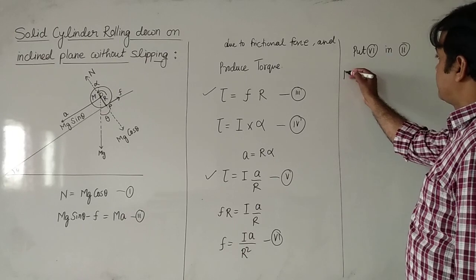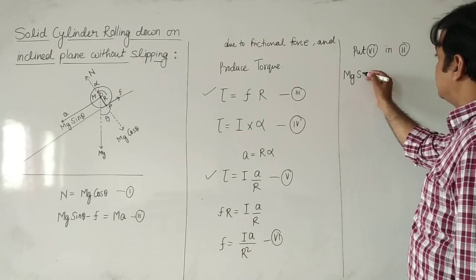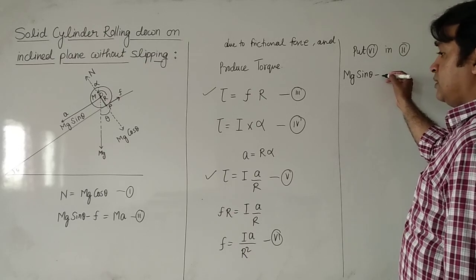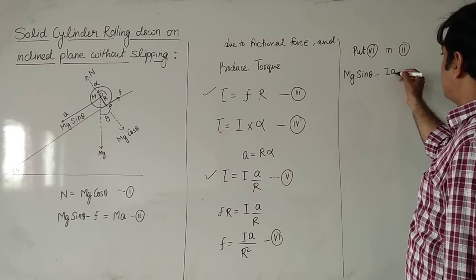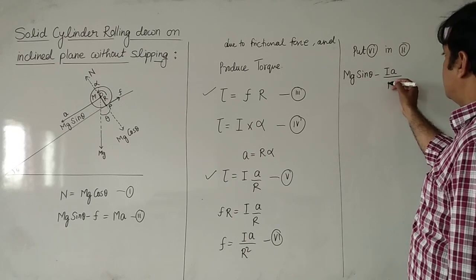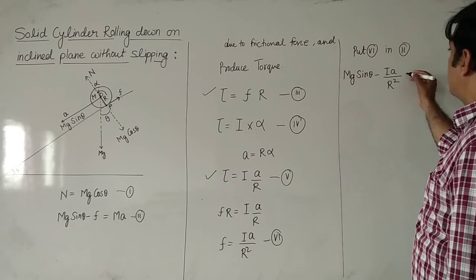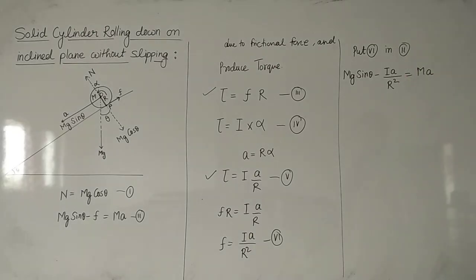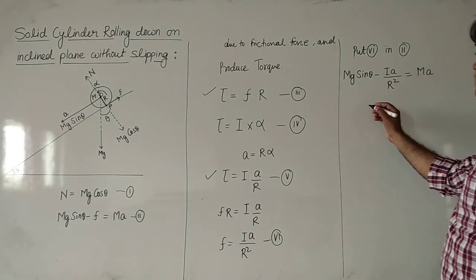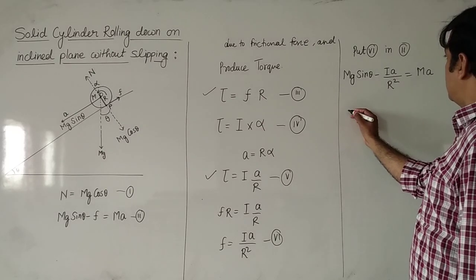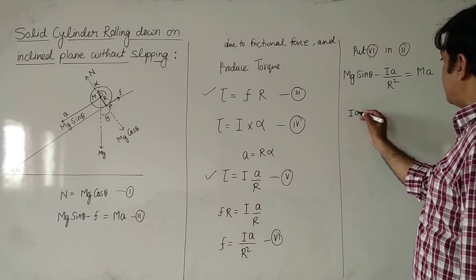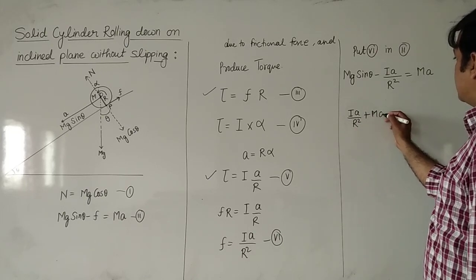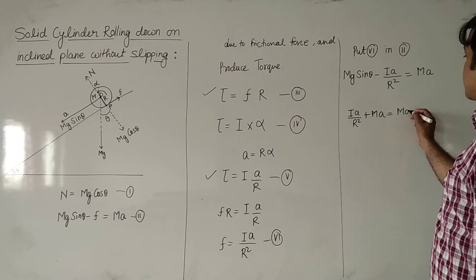Now again put the sixth equation in equation 2. So mg sin theta minus I a upon R square equals m a. Right? So taking common a, I a upon R square plus m a equals mg sin theta.